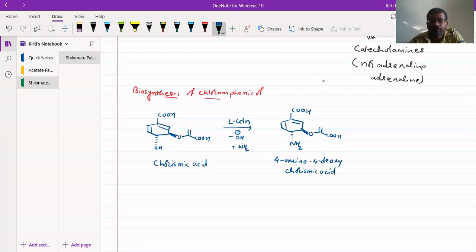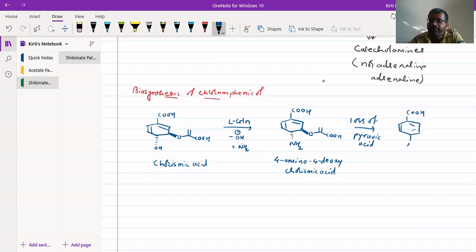Now this undergoes loss of pyruvic acid, and further aromatization. So यहाँ से हाइड्रोजन जाएगा और यहाँ से pyruvic acid का लॉस होगा. So that we will get, it will be 1,2 cis elimination or syn elimination.